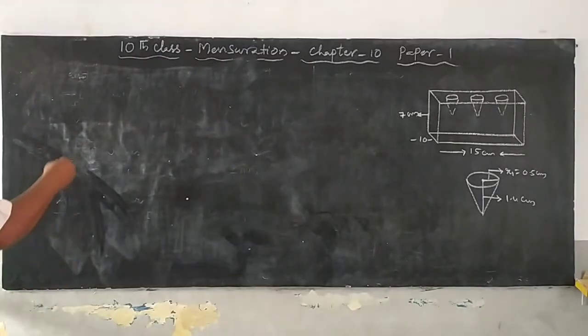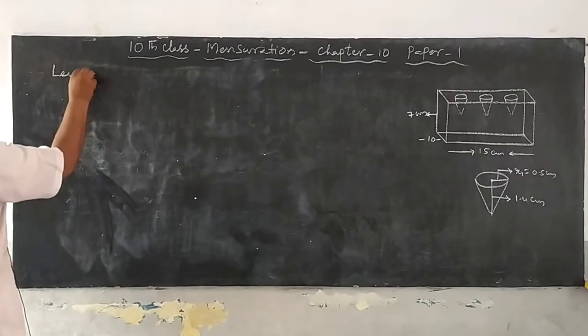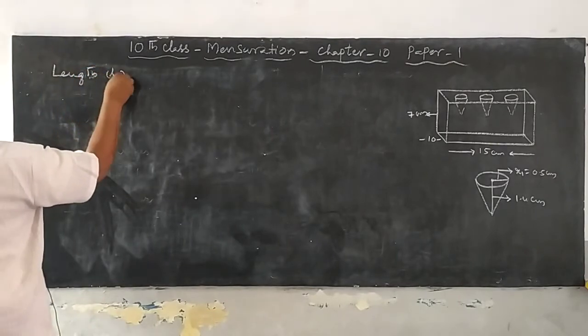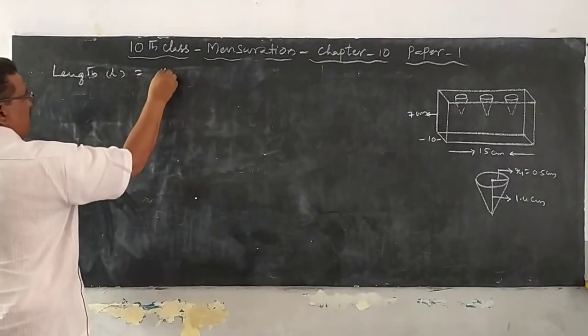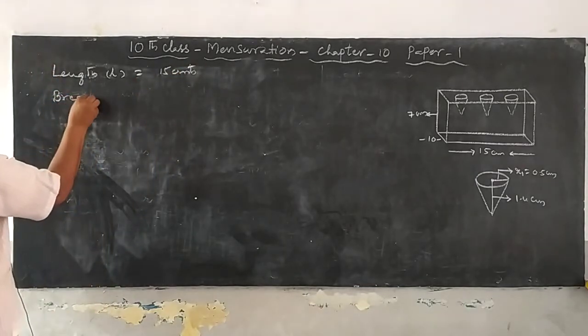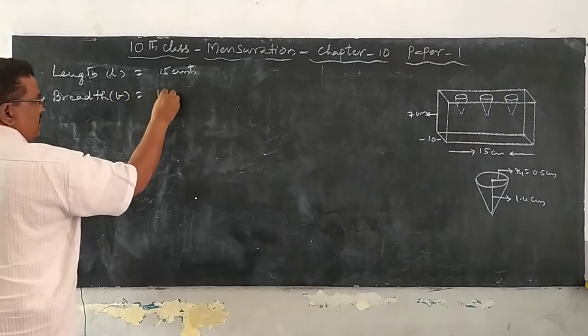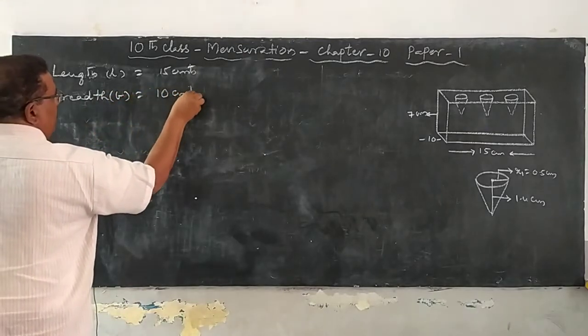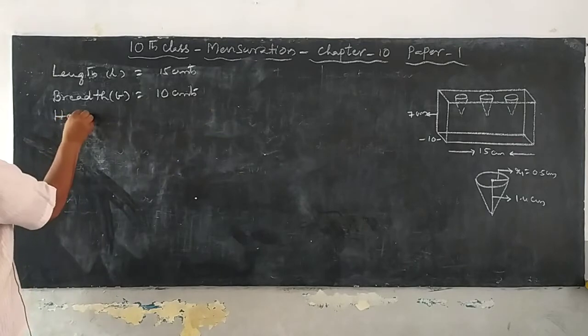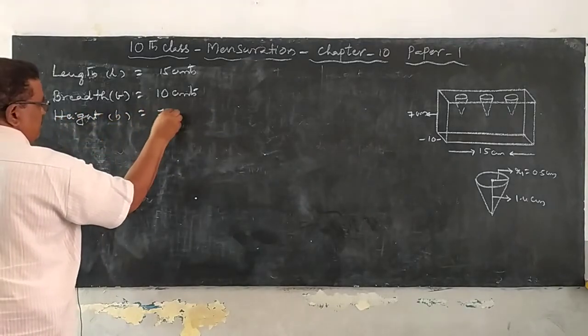Okay, first of all we take the cuboid. Length of the cuboid, L is equal to 15 cm, breadth B is equal to 10 centimeters and height H is equal to 7 centimeters.